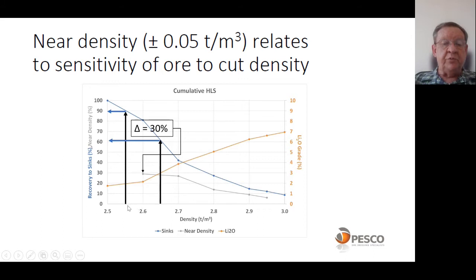If we drop down to 2.55, which is 2.6 minus 0.05, the yield curve gives 90%. So that difference is 30%, and that's the amount of near gravity if we're targeting a cut density of 2.6. This gray line here is just the results plotted, and you can see that corresponds to that point. So at about 2.6, we've got about 30% near gravity. If we go down to 2.9, we're dropping below 10% near gravity.